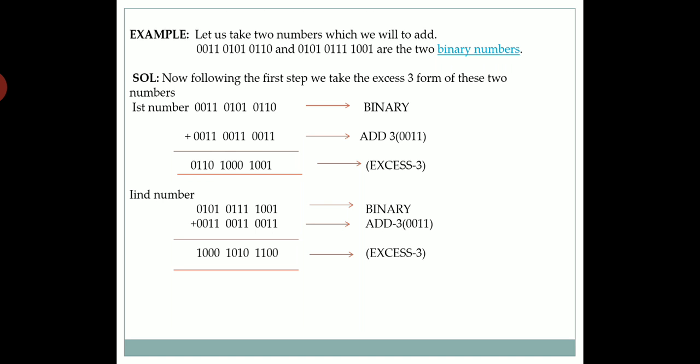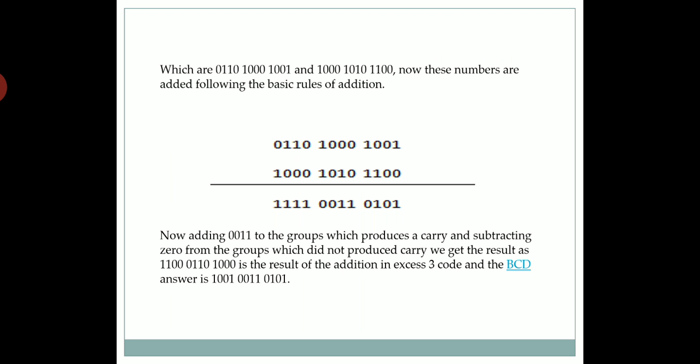We add these two XS3 codes in binary addition. If a 4-bit group produces a carry, then we add 0011.